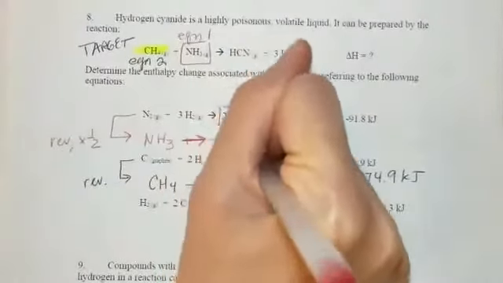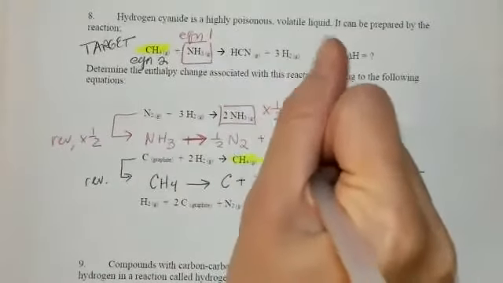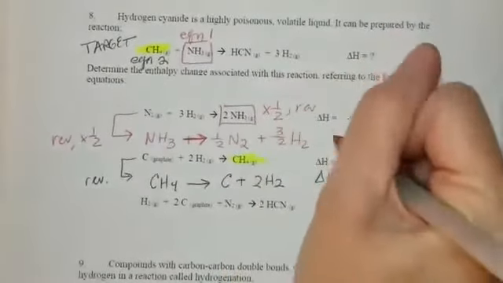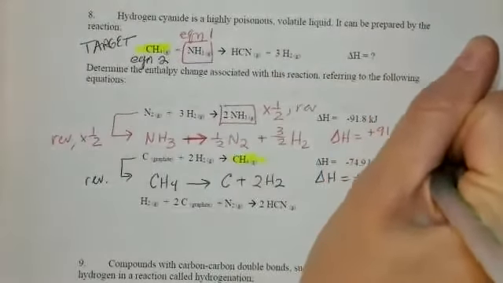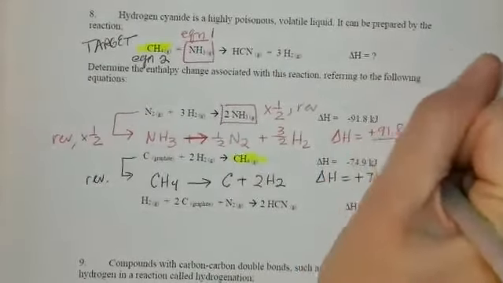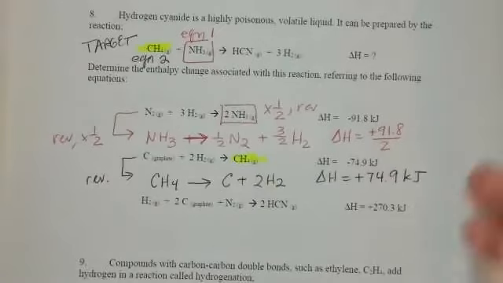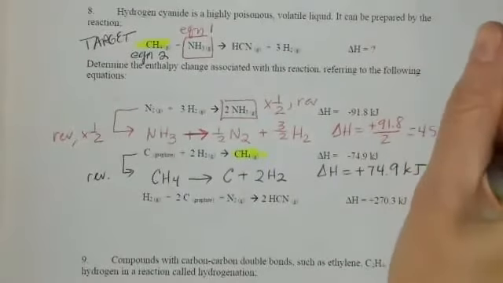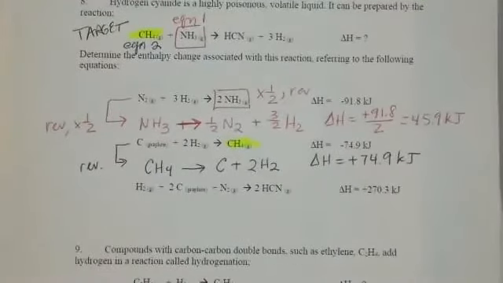Because we're multiplying everything through by half. And instead of 3 hydrogens, it's going to become 3 halves hydrogen. So what happens to delta H? It's going to become a positive 91.8 because we flipped it. And we're going to divide that by 2 because we also cut it in half. So 91.8 divided by 2 is 45.9. All right, so there's my delta H for that new reaction that I wrote in red.